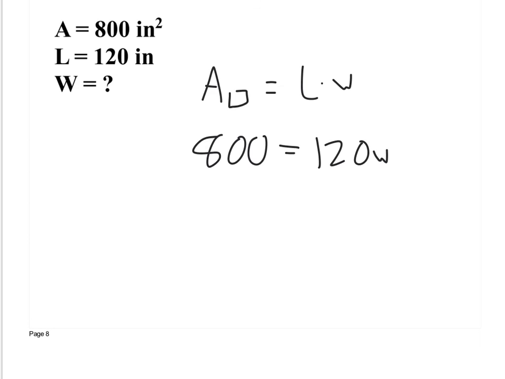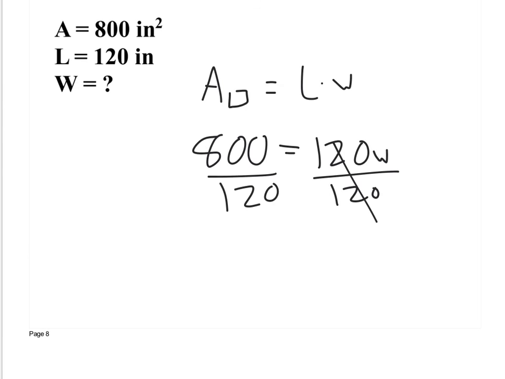So, Sierra, what would I do here? To undo multiplying by 120, I do what? You said it. Divide. Good. Divide by 120.